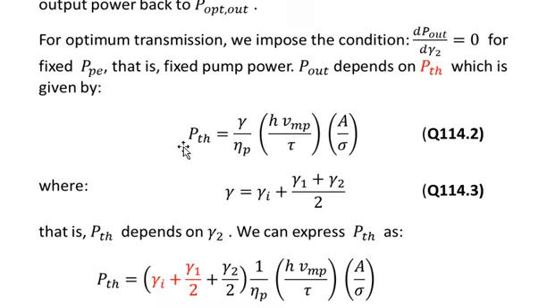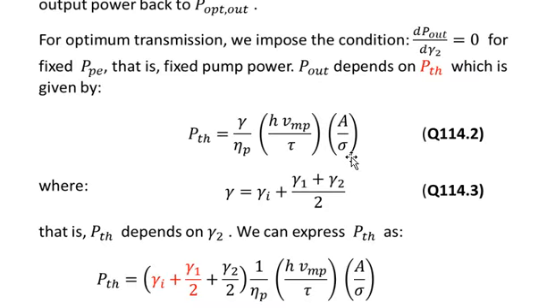So P threshold, that is the threshold pump power, is equal to gamma over eta P times h nu MP divided by tau and times A over sigma, where gamma is the total losses per pass in the cavity, eta P is the pump efficiency, nu MP is the minimum frequency from the pump, tau is the lifetime of the upper level, and A is the cross-sectional area of the active medium rod.